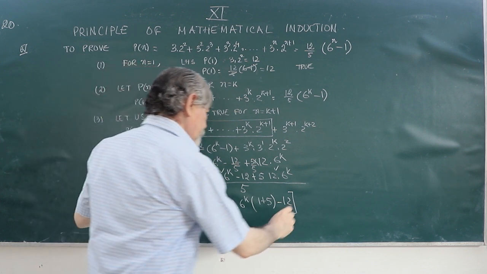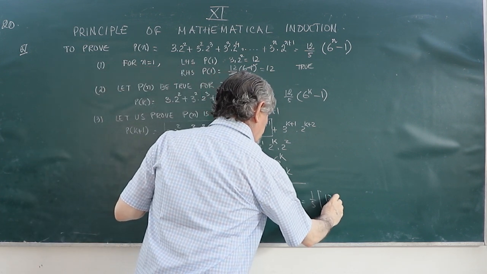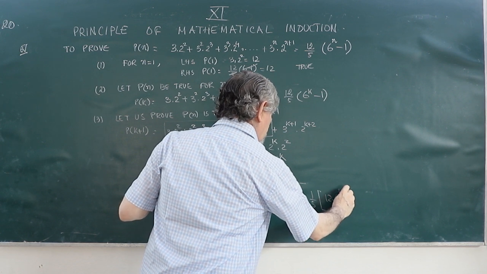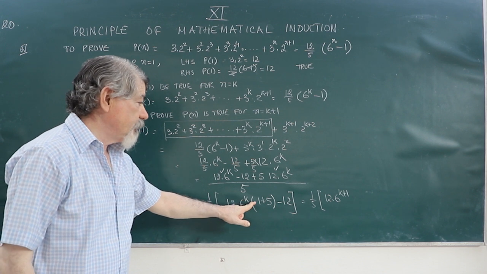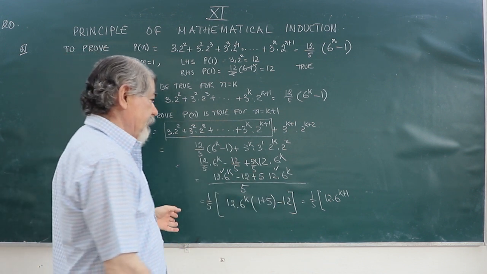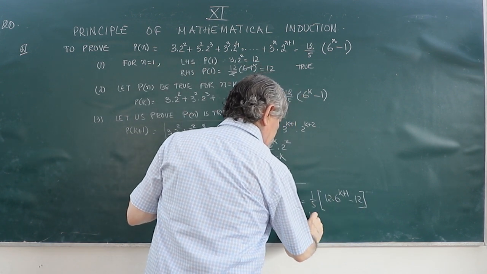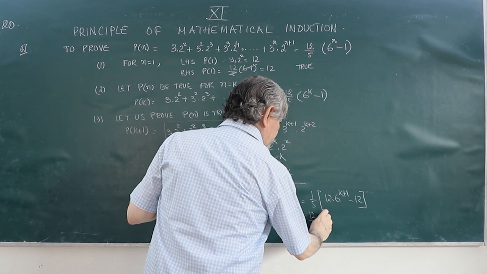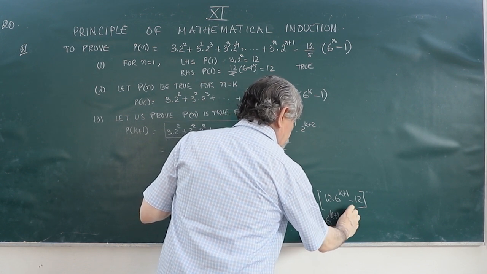So what will happen? 1 upon 5, it will become 12 into 6 to the power k plus 1. Why? 1 plus 5 will be 6, and 6 into 6 to the power k will become 6 to the power k plus 1, minus 12. I can take 12 common. It will become 12 upon 5, 6 to the power k plus 1, minus 1.